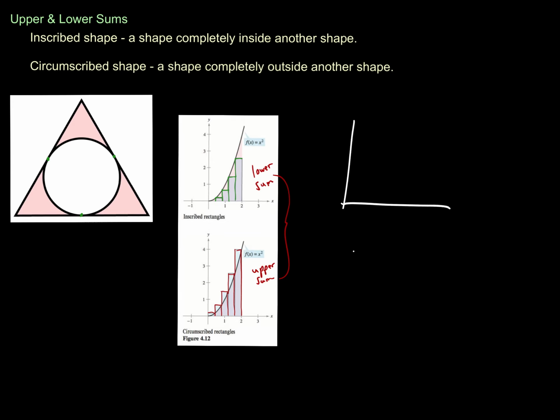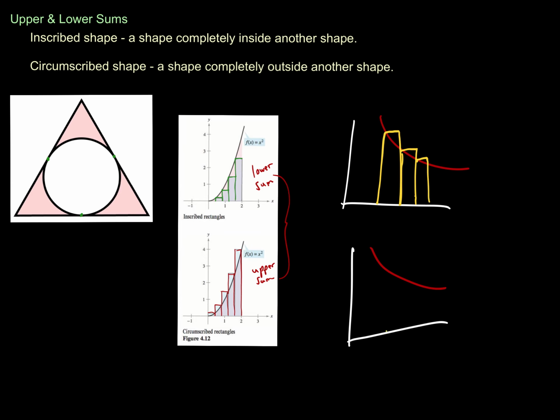Here's an x-y axis here and an x-y axis here. And let's do something that looks like this. Here's my graph, and here's my graph. If you go for left endpoints on this type of curved graph, notice how the left side now is the upper sum.